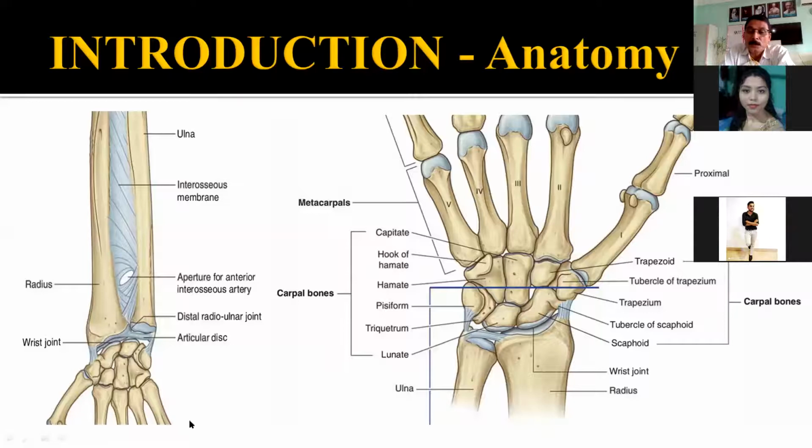This is very important for clinical practice also. The tip of the radial styloid process is down below that of the ulna. If you draw a line at this level, you will find this is an important correlation, particularly while doing the manipulation.